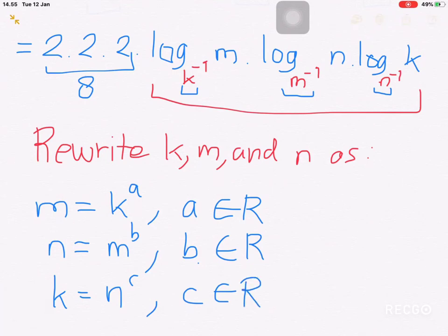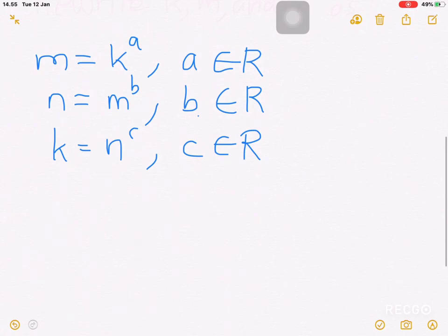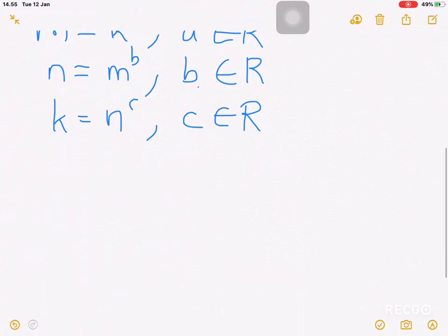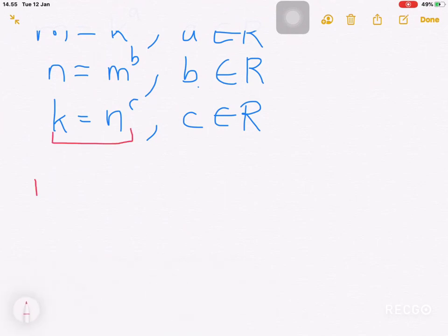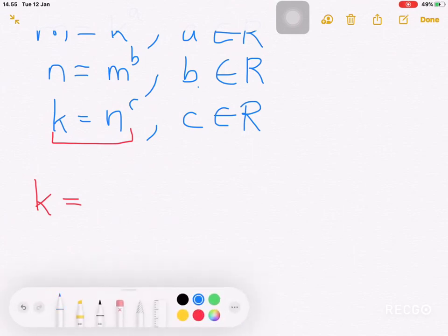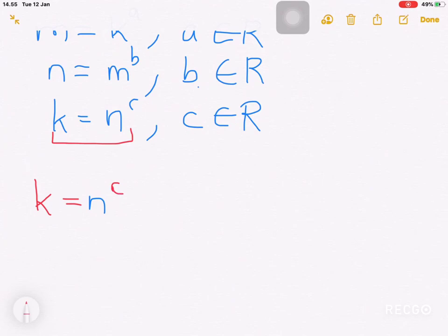And we can make a quite standard substitution in these three equations I made. So I'll rewrite this third equation: k equals, I'll write the n in blue, and the c in red. There we go. And notice this n is equal to this n right here, n equals m to the b power.